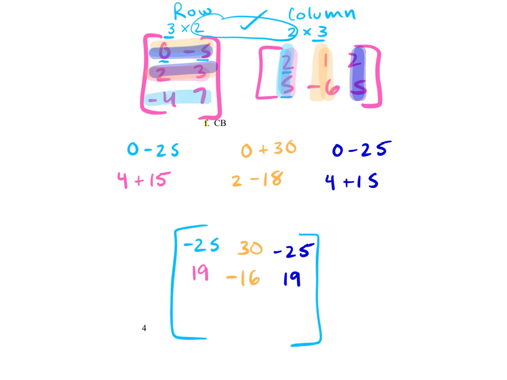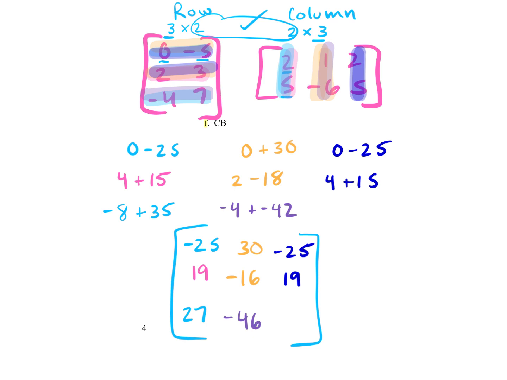Now, third row, first column, -4 times 2 would be -8, and 7 times 5 is 35. -8 plus 35 would be 27. Third row, second column, first times the first would be -4 times 1 is -4, plus second times the second. 7 times -6 is -42. -4 minus 42 would be -46.